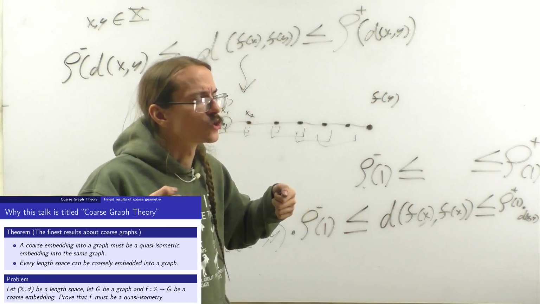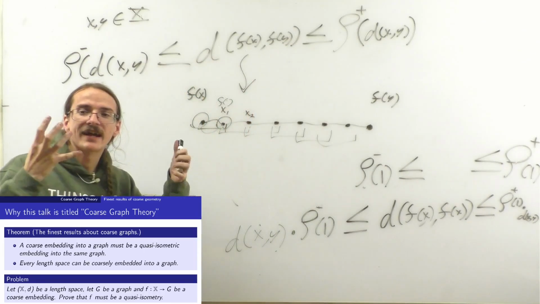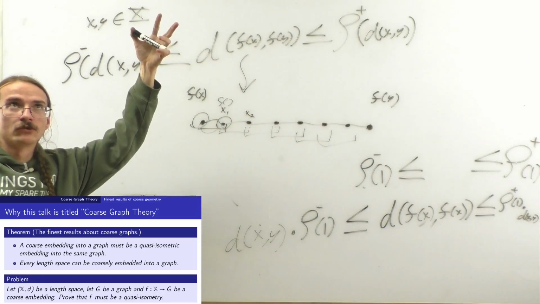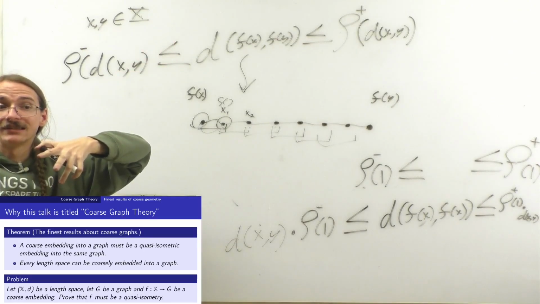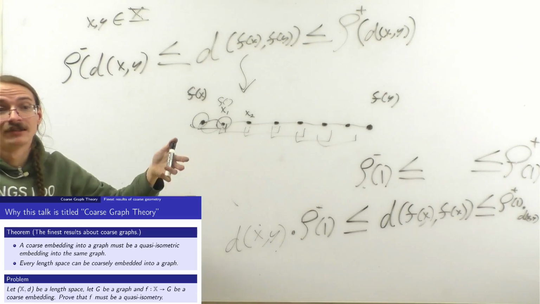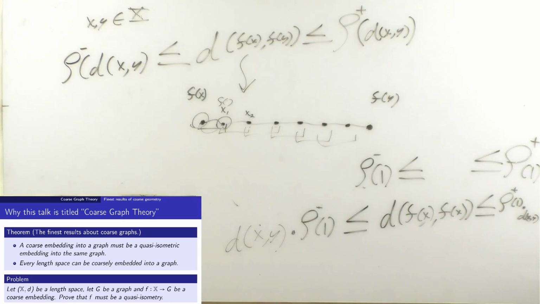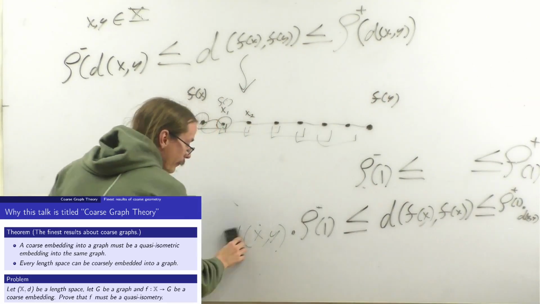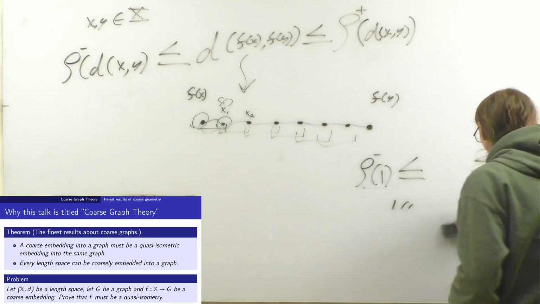Okay. So what does this tell us? This tells us that if I have a coarse embedding from a graph onto a length space, that's actually a quasi-isometric embedding. Great. The next one I want to talk about is creating embeddings from an arbitrary length space into a graph.